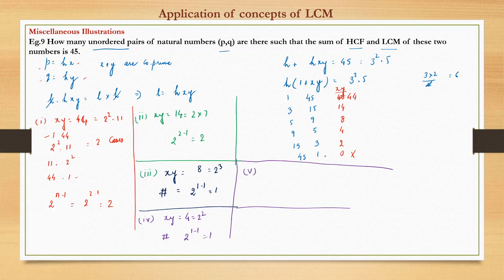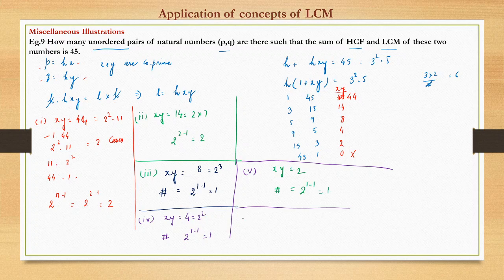Fifth case is xy is equal to 2. That is also one case, right? So number of cases would be what? 2 raised to power 1 minus 1, which is 1.